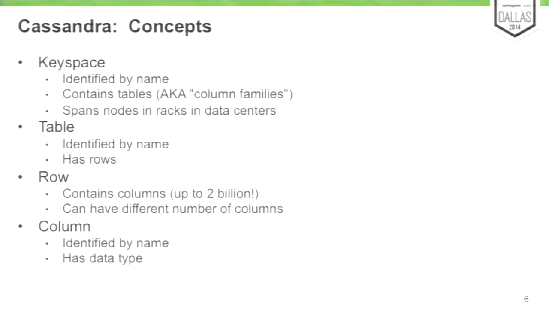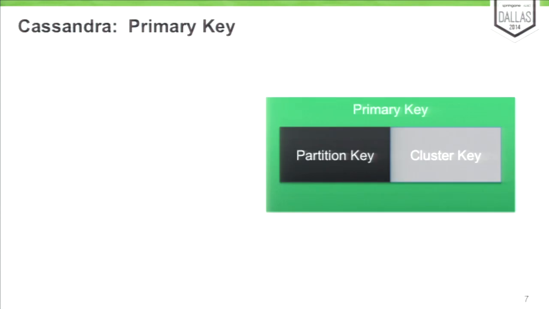A column is identified also by a name, and it has a type. And the type space for Cassandra is fairly limited. It has your basic types: UUIDs, which are time-based UUIDs by default, text, numbers, things like that. Okay. A very important thing to consider when you're designing your tables in Cassandra is the primary key for the table.